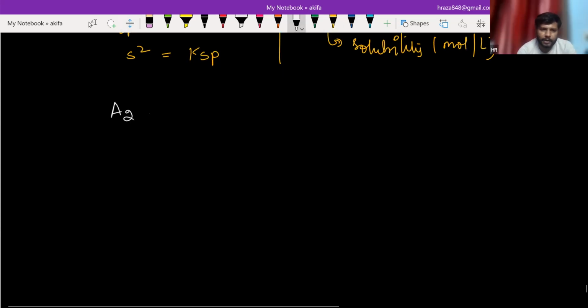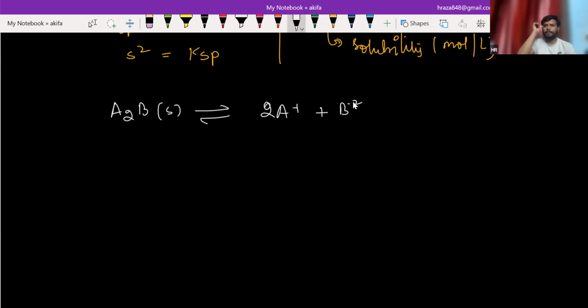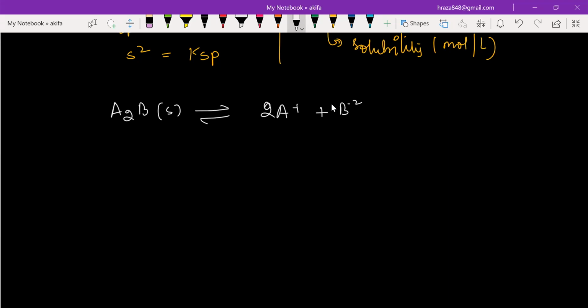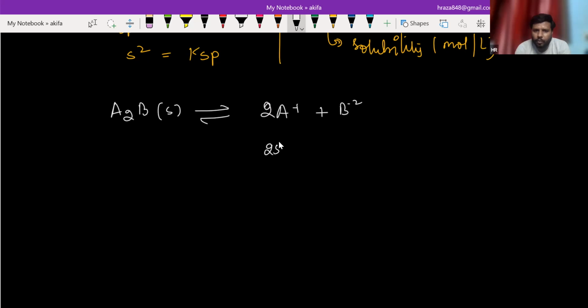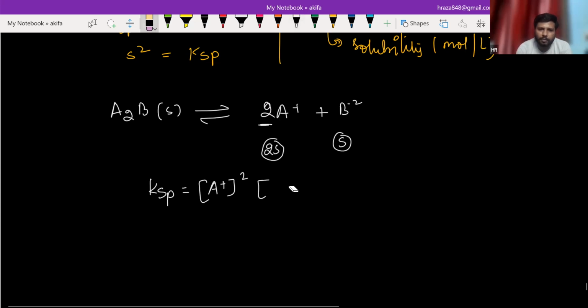Now see another example. A2B in solid state will give 2A plus and B minus 2. Yes or no? How am I dissociating it? Are you getting it? Yes. Now see, A plus will have a solubility of 2S because it has 2 moles, and B will have solubility S. Again, KSP will be A plus raised to the power of its coefficient and B minus.